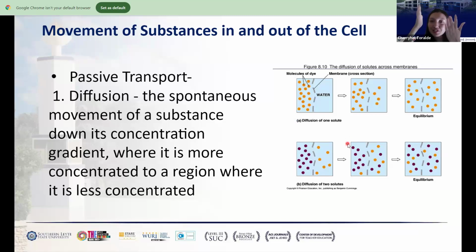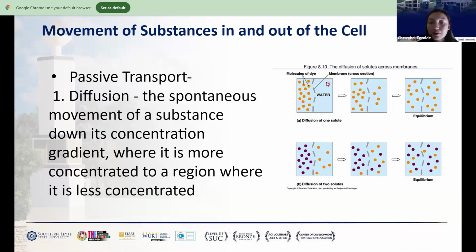So, let's put a membrane in between those molecules. What does it mean by a membrane? The cell membrane. Let's imagine that this is the cell membrane, and we have only one dye here on the left side of the cell membrane. In passive transport, the molecules naturally transfer slowly to the area where there is less concentration.